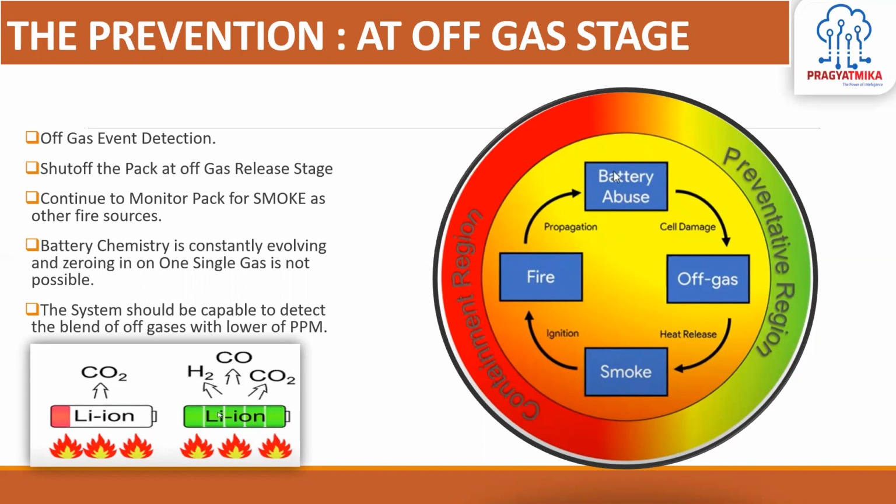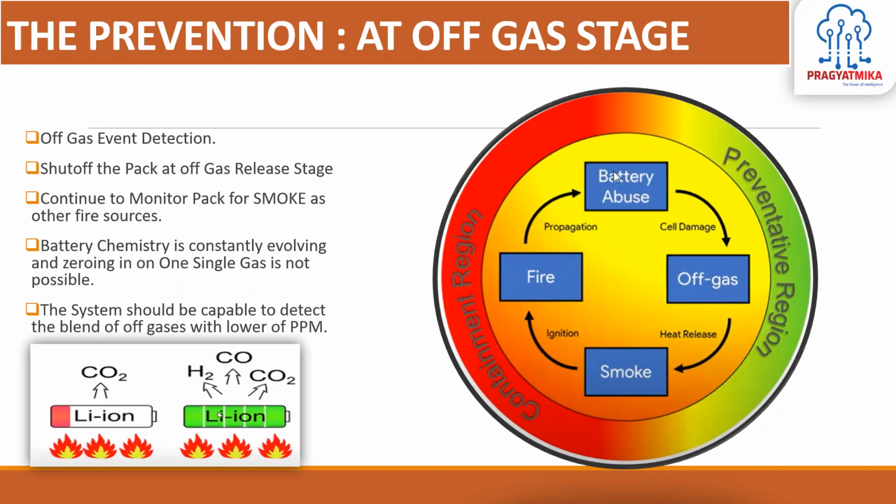But think of a scenario where, due to excess heat, your electronics has started failing. At that time, you don't have enough measures to do the load cutoff or to open up a valve which is there to release the gases. So for those conditions, off-gas event detection is now becoming the standard.